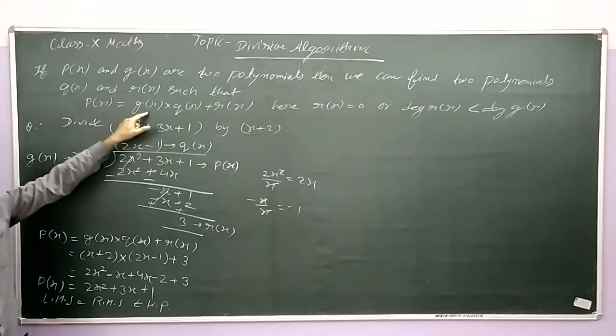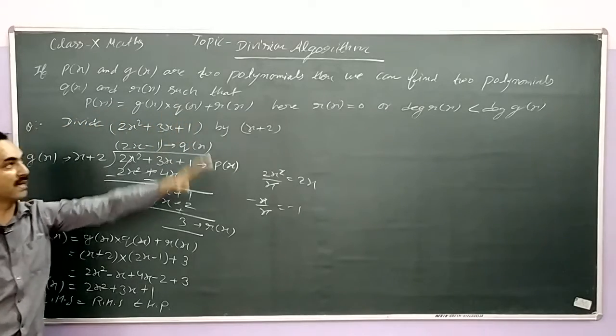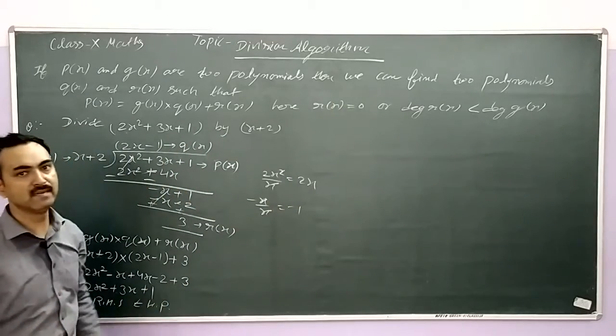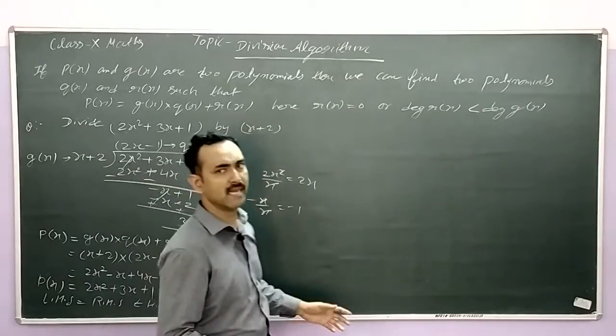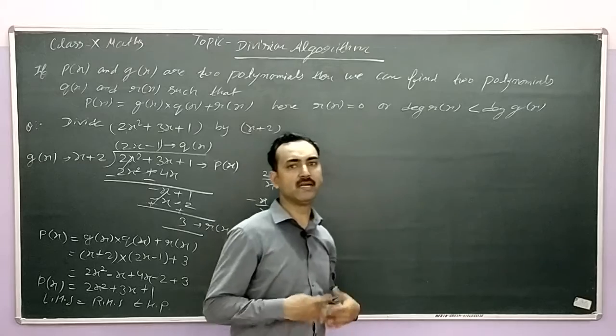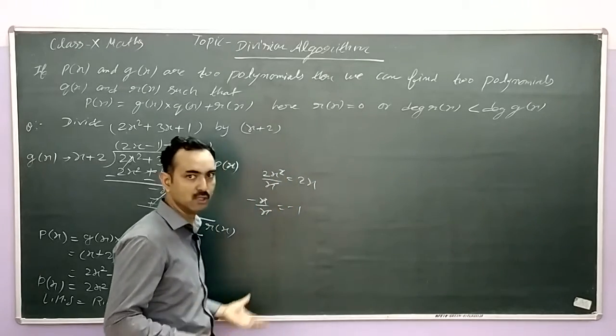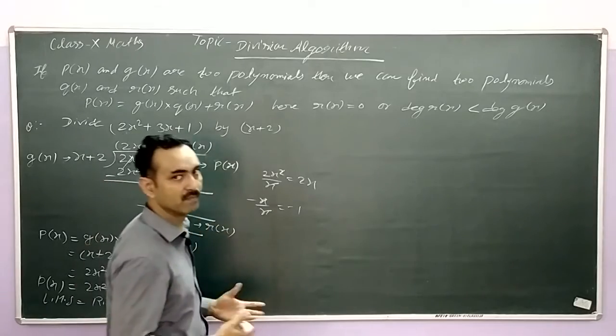P(x) is equal to G(x) multiply Q(x) plus R(x), and here R(x) may be 0. If you divide any polynomial by a given polynomial, it is not compulsory that the remainder should be a polynomial or number or something else; it may be 0 also, because the division may be complete.